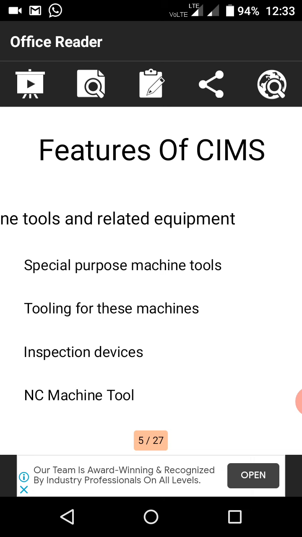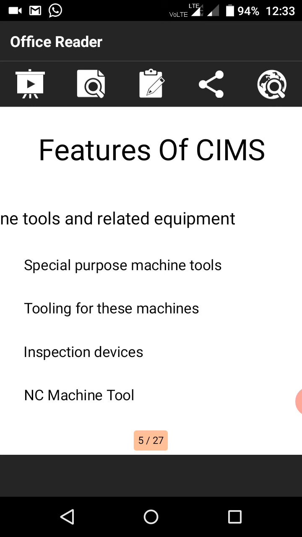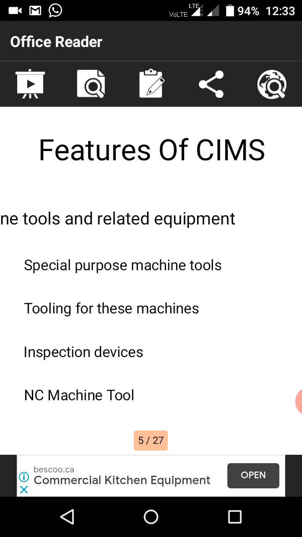Next comes computer aided manufacturing. Manufacturing means after designing, the design is given to the manufacturing process. In there we'll see cost estimation. How much cost we should estimate, whether the cost is going high or low or medium, like that cost also is estimated. Next MRP. MRP means material requirement planning.